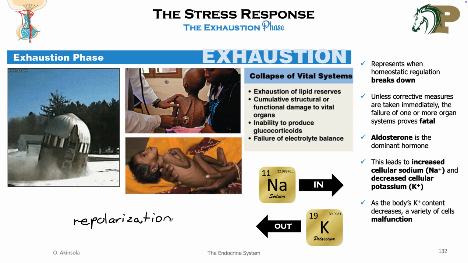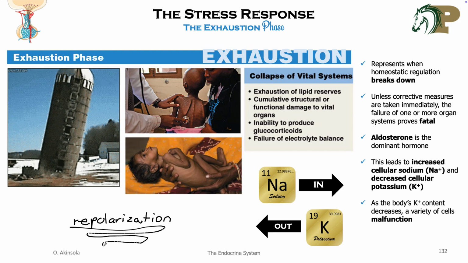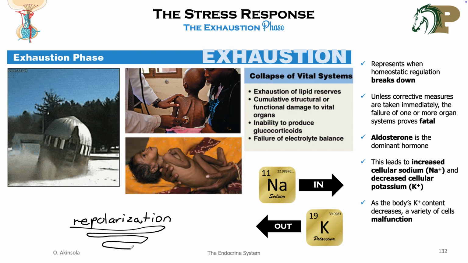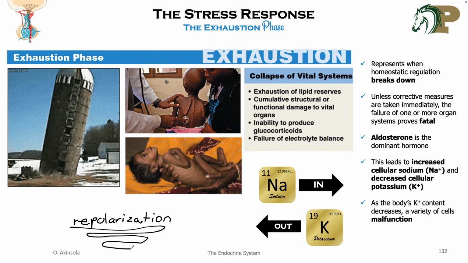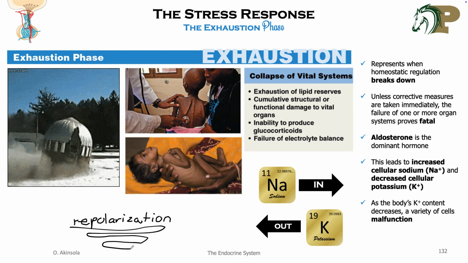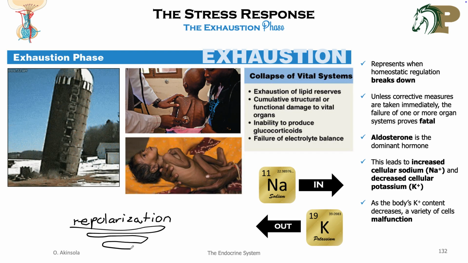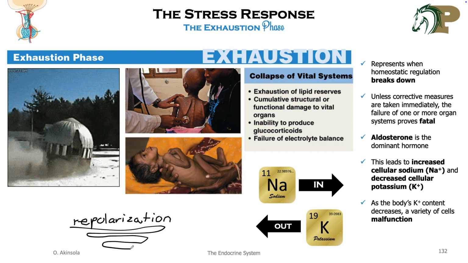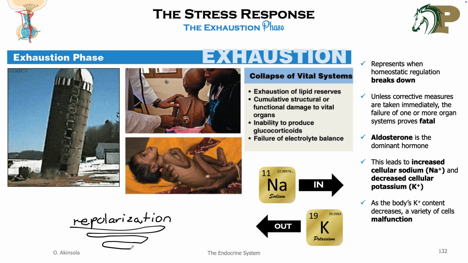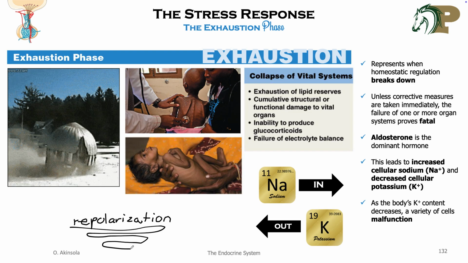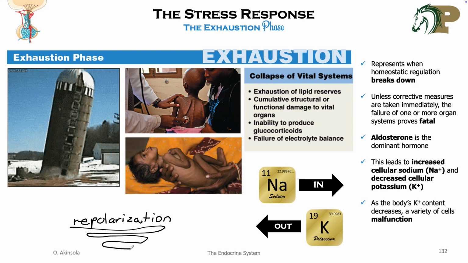If a tissue cannot repolarize, it cannot depolarize, and if it can't depolarize, it can't function. Remember that all cells have to repolarize before they can depolarize again. Every cell has to wait its turn. So without repolarization, cells are essentially going to break down and die. That's what the exhaustion phase represents.